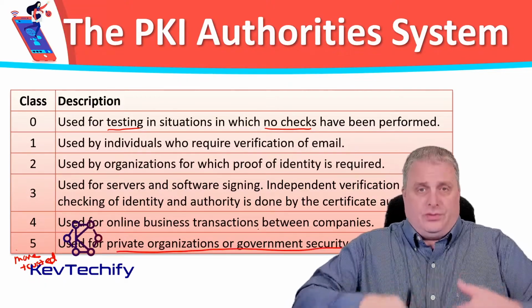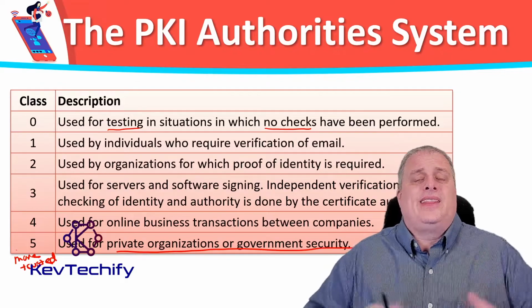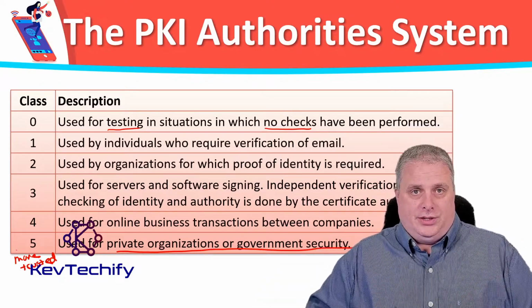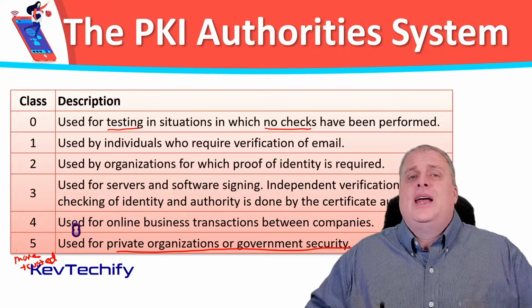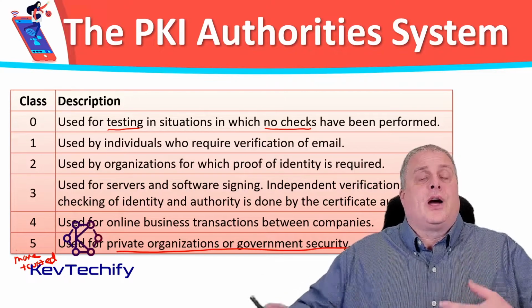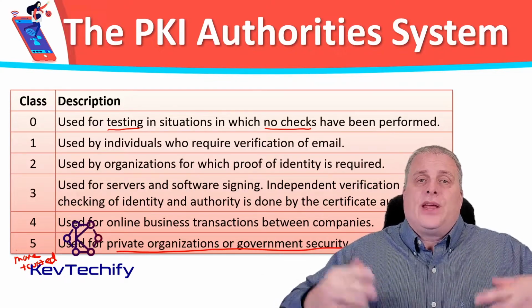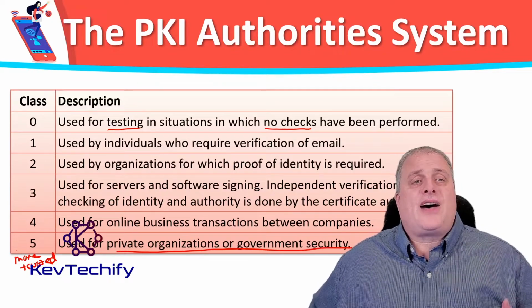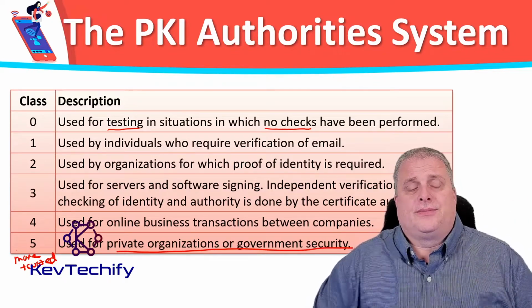You have to go through sometimes a fairly lengthy process to prove you're actually the organization requesting the certificate. We don't want individuals requesting certificates pretending to be different companies or other individuals. And so that's why we have this rigorous process down here for a class 4 or class 5 certificate.